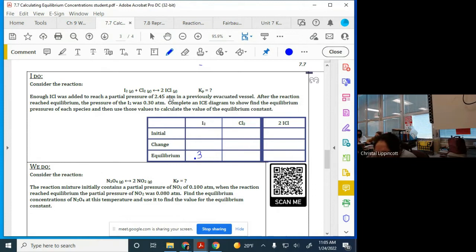We know that ICl, we started with 2.45 here, and we didn't have any of these. So this is a reverse reaction? Oh my God. Yep, they added the product. I was just in shock.